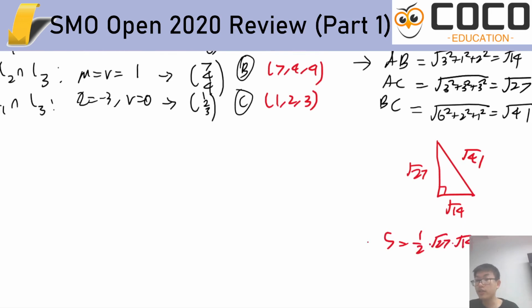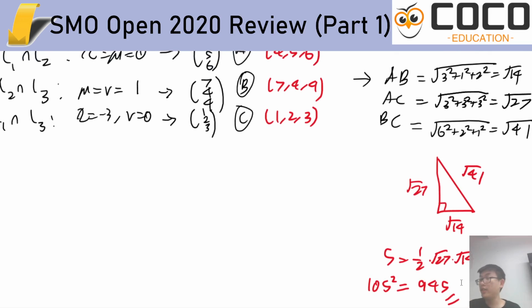And the question asks you for 10 squared. You can compute this, and the answer would be 945. But this is, again, just because the question is trying to be nice, and in most situations, the way to do this would be by using the vector cross product.